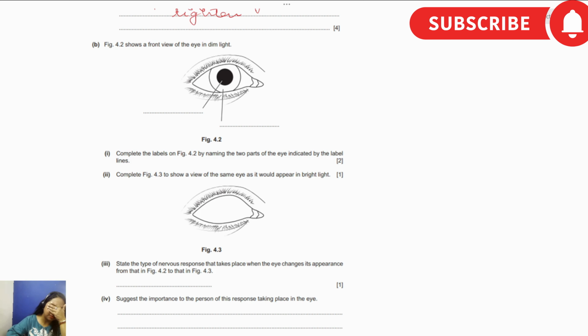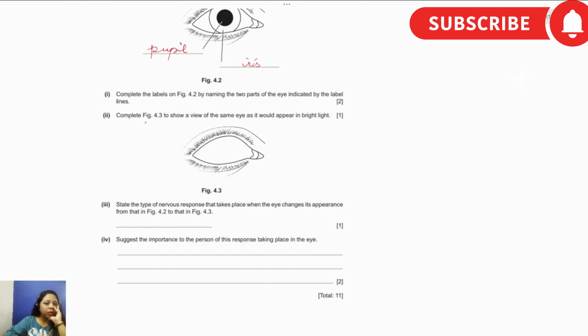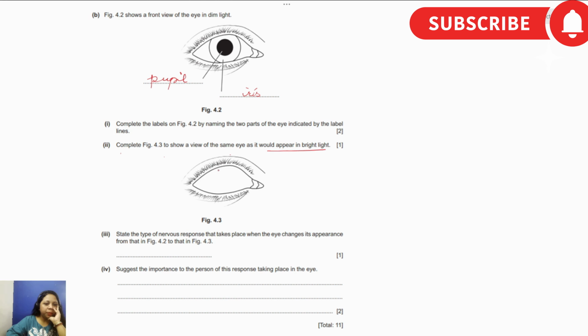This one is the labeling, I've told the labeling as well. Pupil and the iris. The second one, complete Figure 4.3 to show how it would appear in bright light. So you would make the iris of the same size. Oh, my iris has gone bigger. And the pupil would be really small. Let's color.